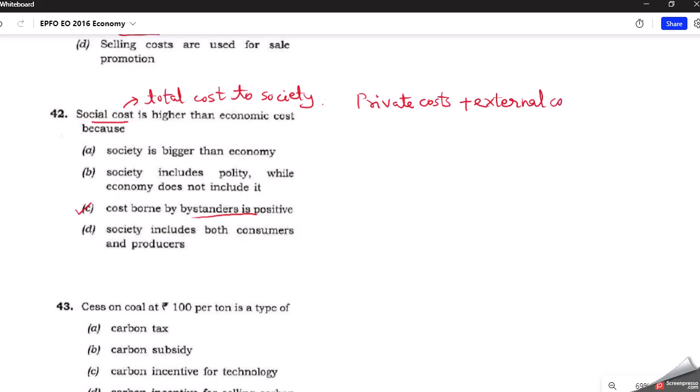So let us take an example and try to understand what is social cost here. The example we can take is of passive smoking. Suppose there is one person who is smoking a cigarette and some other person is standing adjacent to him or her, and we can say that passive smoking is basically an externality.